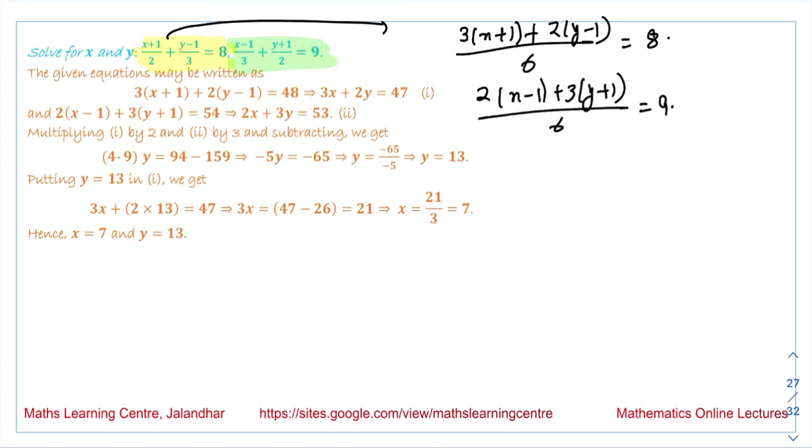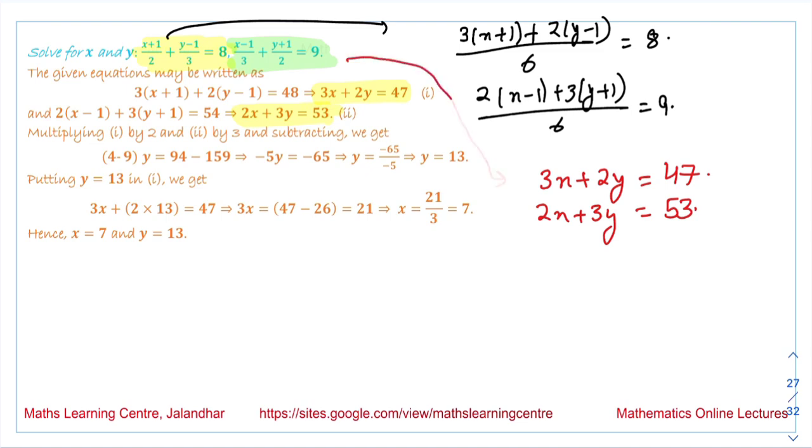On solving these equations, you will get 3x plus 2y is equal to 47. And the second equation will become 2x plus 3y is equal to 53. So it is 3x plus 2y is equal to 47 and 2x plus 3y is equal to 53. These two equations come in this form.